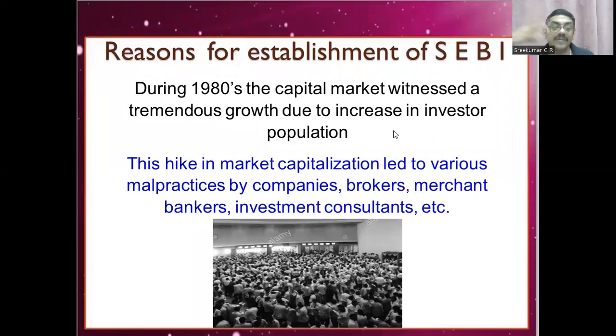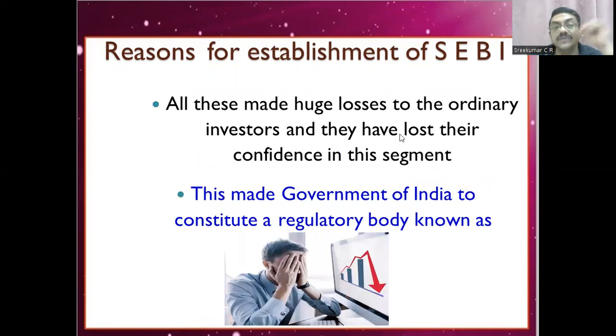And because of that, a lot of malpractices happened in the stock exchange in India, mainly done by companies, brokers, merchant bankers, and some investment consultants. They all did a lot of fraudulent activity. Because of that, huge losses started. Huge loss happened to companies, and huge loss started for the investors.